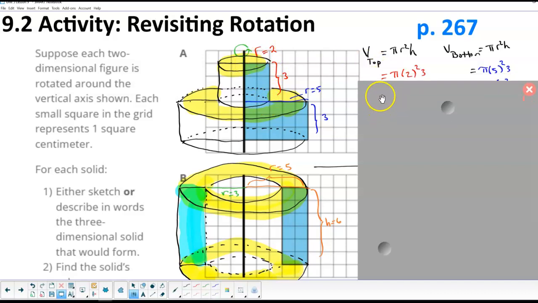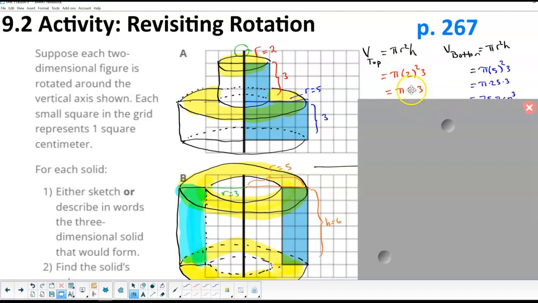For the bottom one, my radius from the axis of rotation out 1, 2, 3, 4, 5. I have a radius of 5 for the large circle, and then a height of 3. So radius of 5, height of 3. What I'm going to do is simplify each one of those.